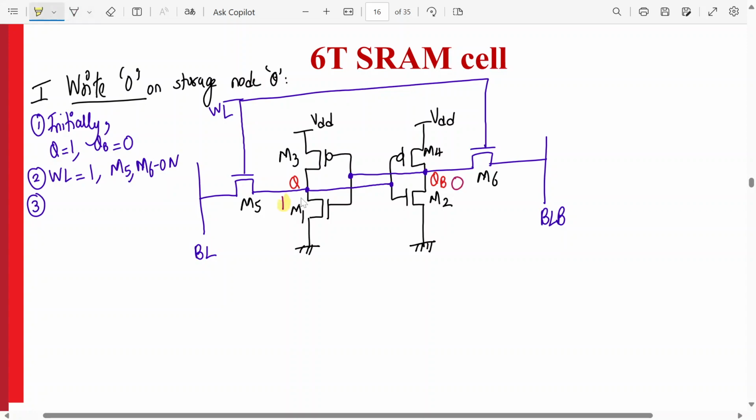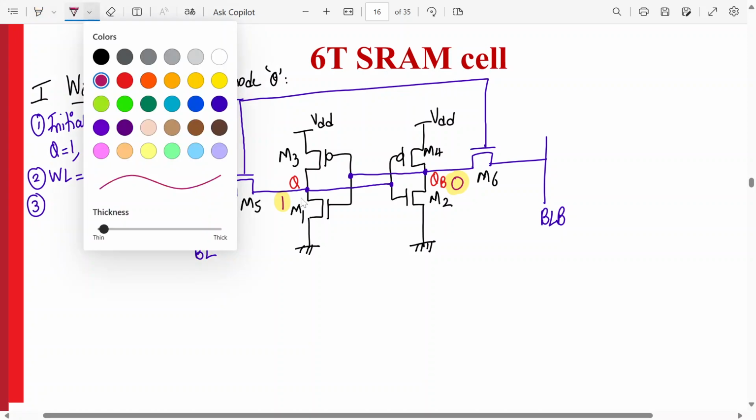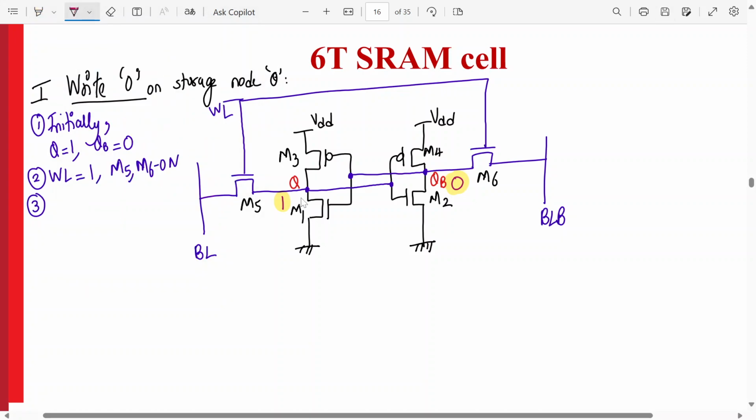So tell me, what should be bit line and what should be BLB? Come on. Hello students, kindly reply. This is 1. I want to write a 0 into it. So that means what? This is a pass transistor, M5. When can I write a 0 into it?